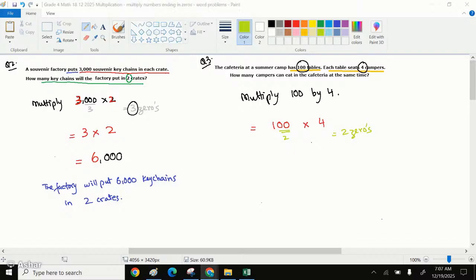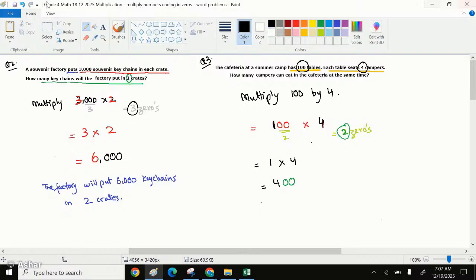We multiply the integer values. When 1 is multiplied by 4, the answer is 4, and we simply add the number of zeros. There were two zeros, right?